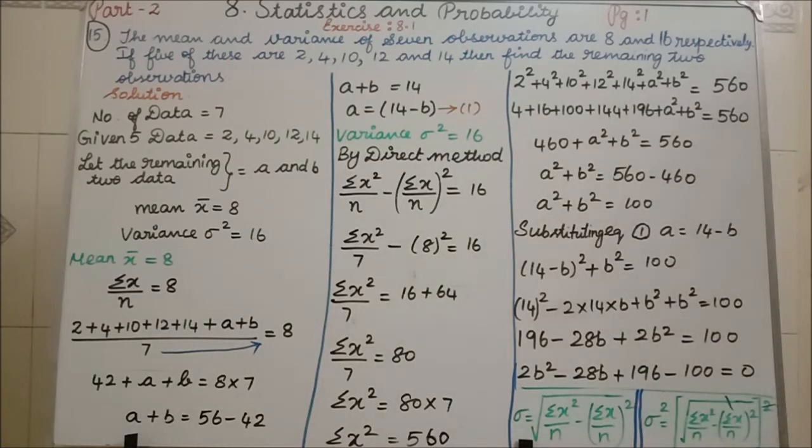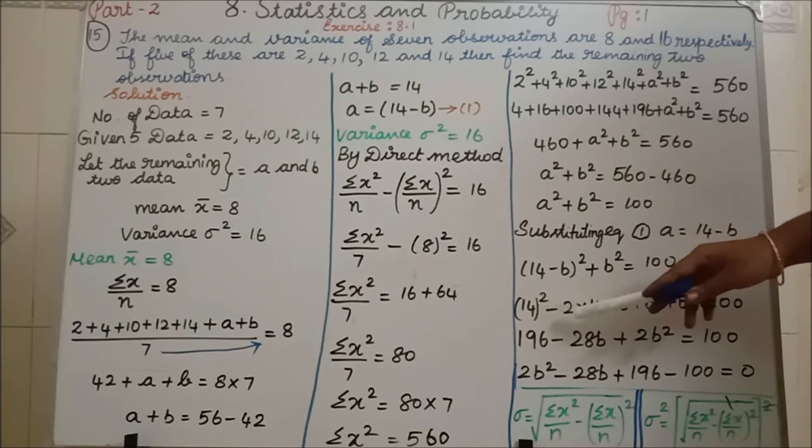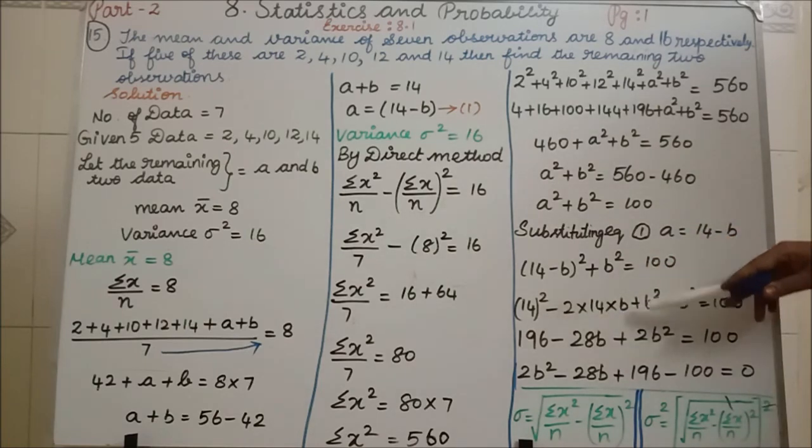Now this is in what formula? 14 minus b the whole square is in the form a minus b the whole square. The formula is a square minus 2ab plus b square.